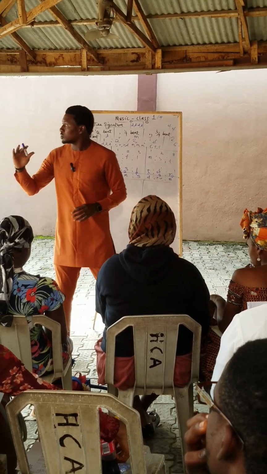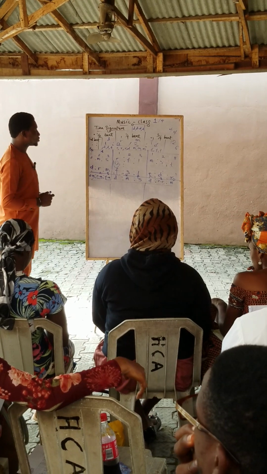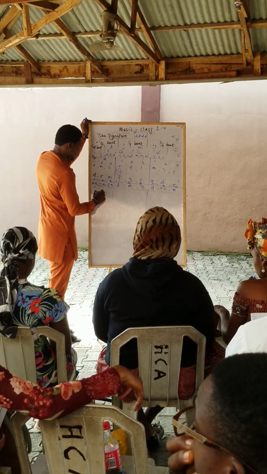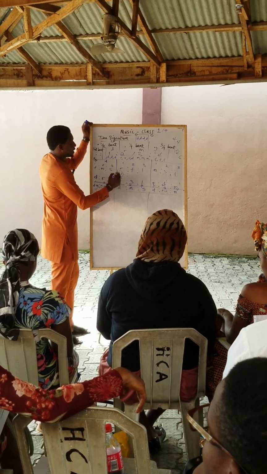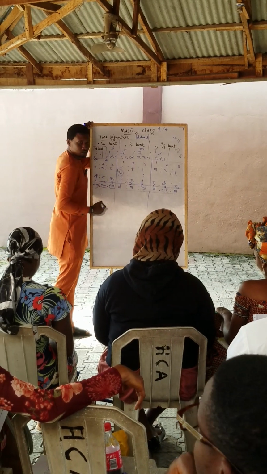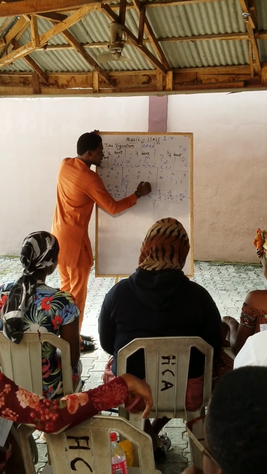A dot. So first of all, before you get to 1/4, you divide the beat into half, which is this. Now this is a full beat. I want to go to 1/4. Now this is half. So this is 1/2.